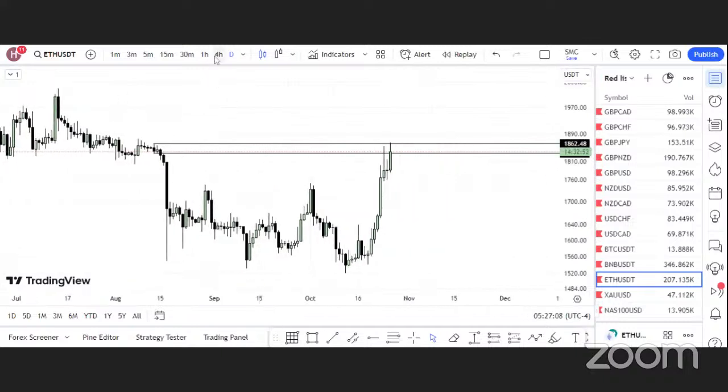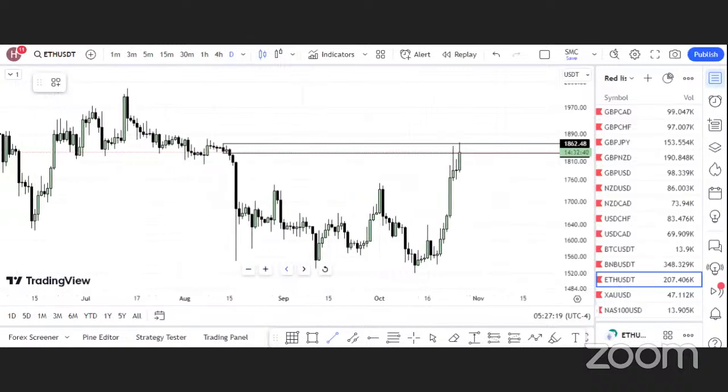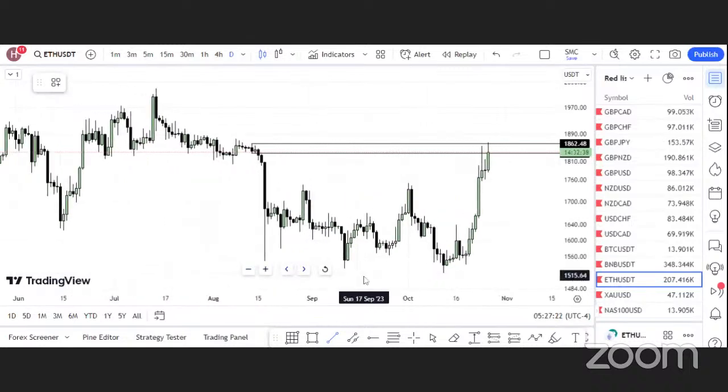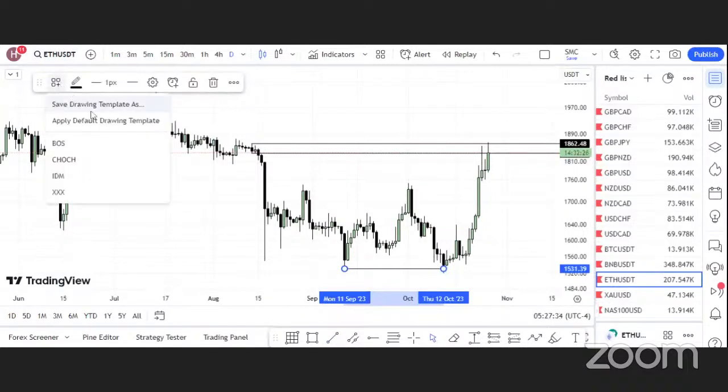So let's go back to the 4 hour time frame to see what is going on here. On the 4 hour, we have these setups. So here we have this liquidity. We got liquidity taken out.